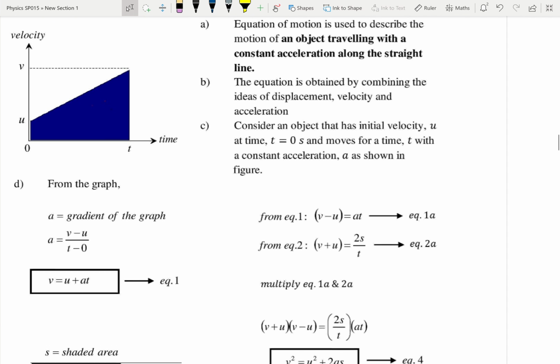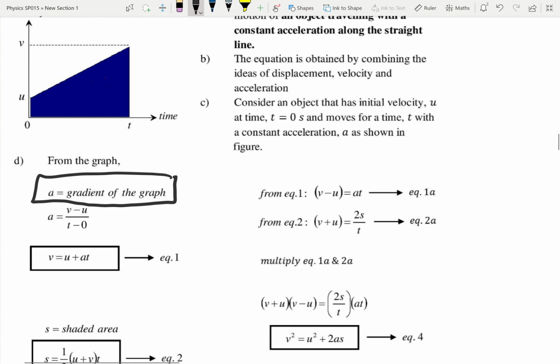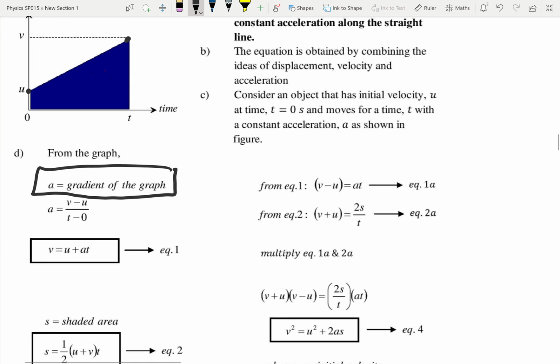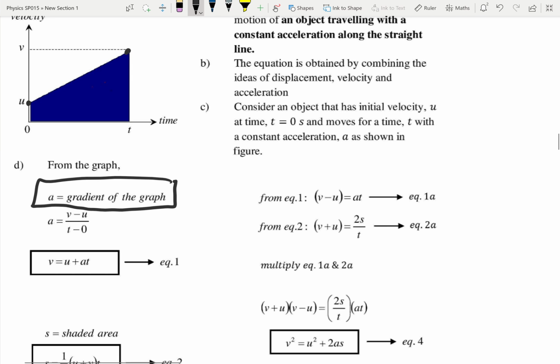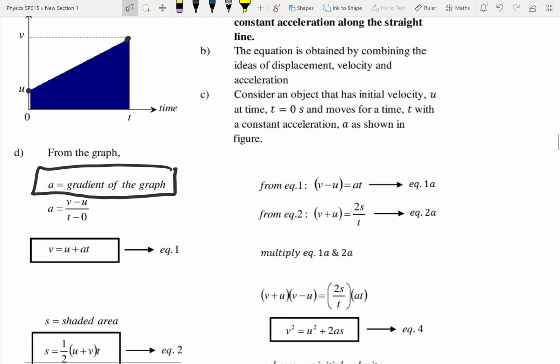The first thing is from this concept: acceleration equals the gradient of the graph. So the gradient of the graph, using this point and this point, is y2 minus y1 over x2 minus x1, where y2 is v and y1 is u, and x2 is t and x1 is 0.